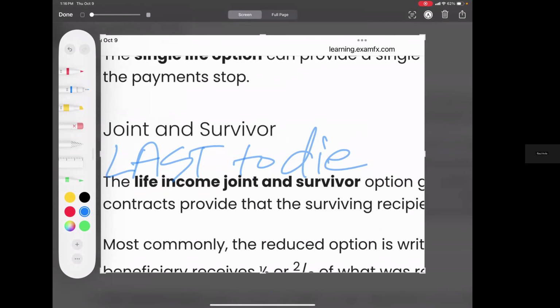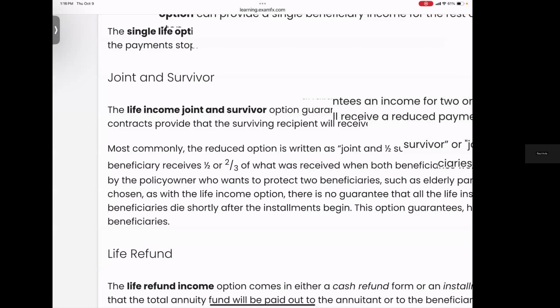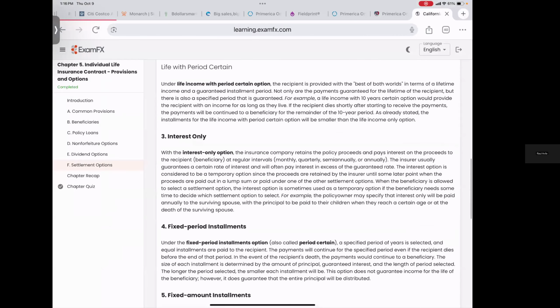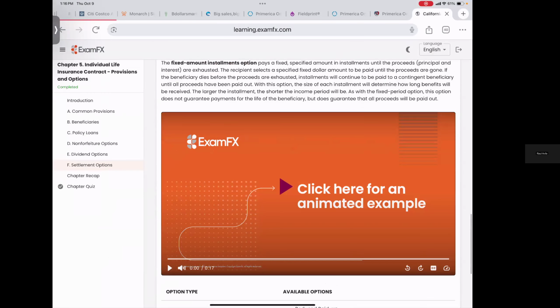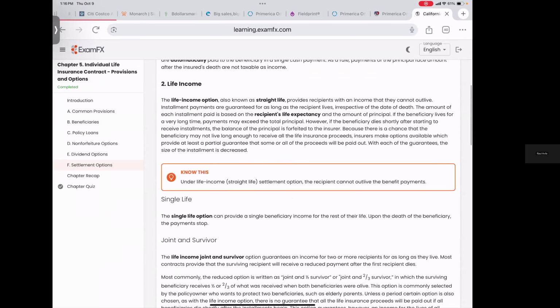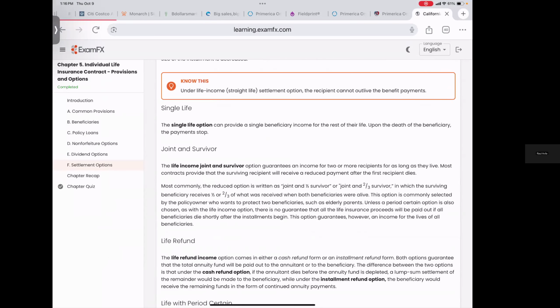It covers two or more people, but when does it pay? Joint life covers both of them, but it pays when the first person dies. Exactly right.